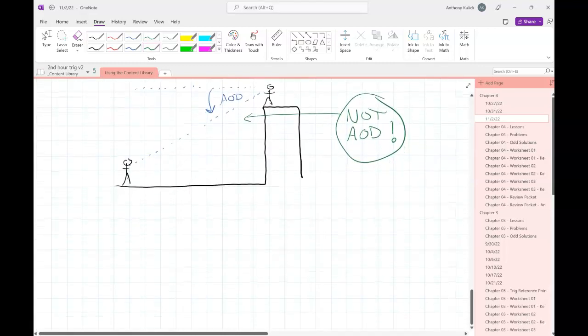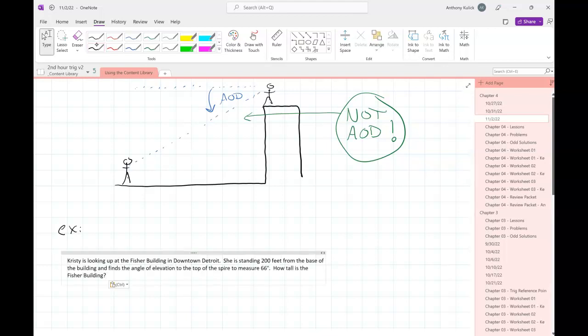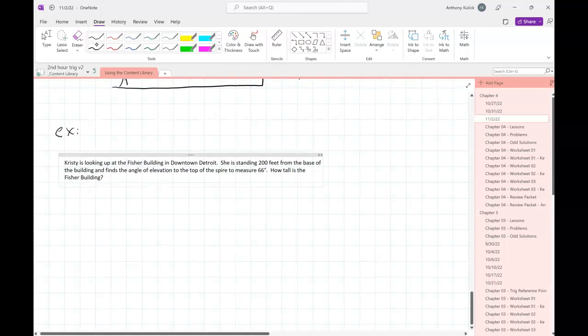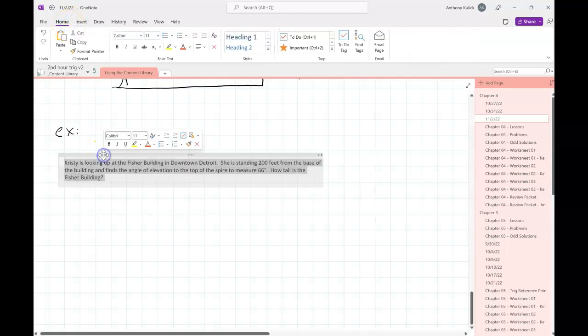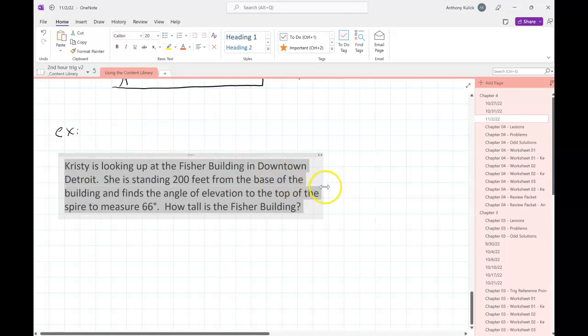So let's do some examples now. So my first example says, Christy is looking up at the Fisher Building in downtown Detroit.